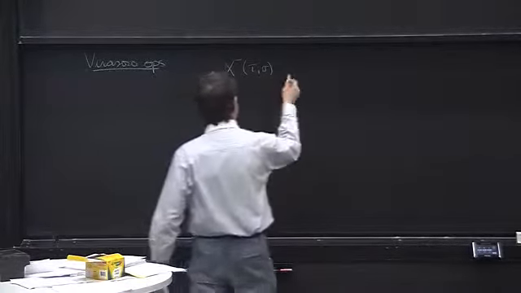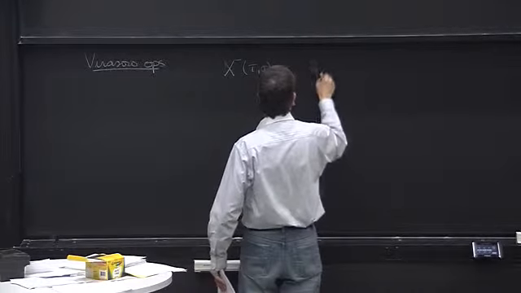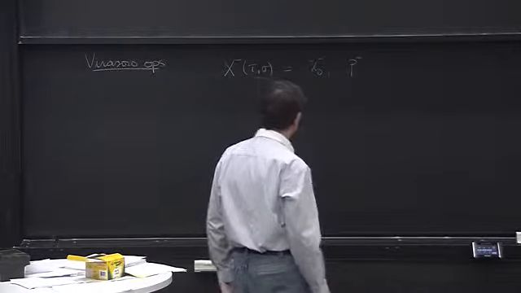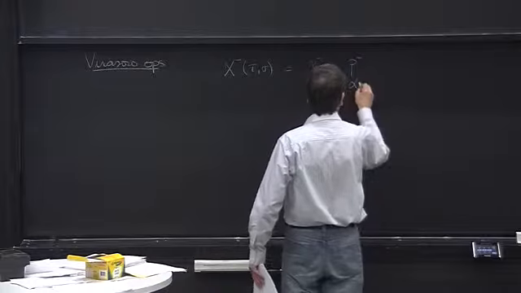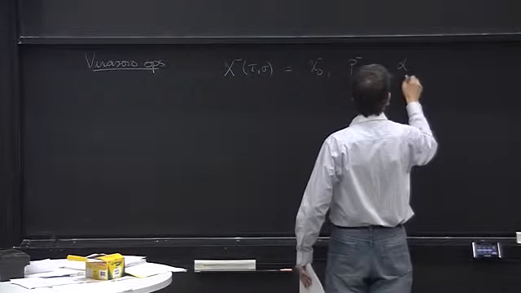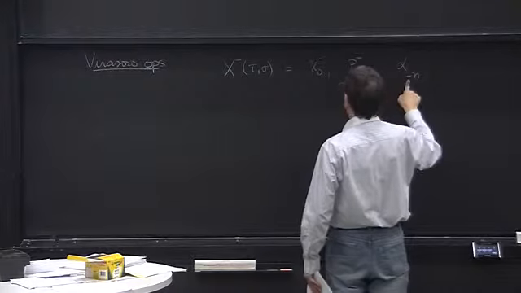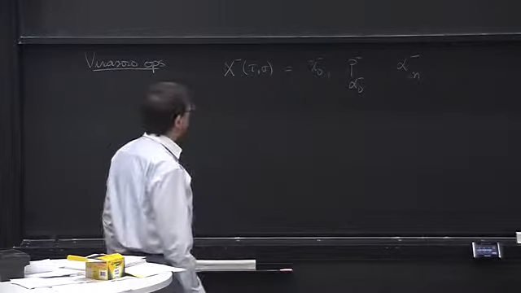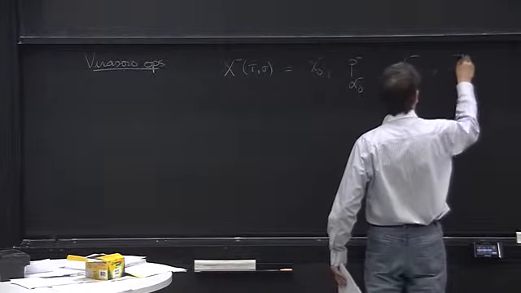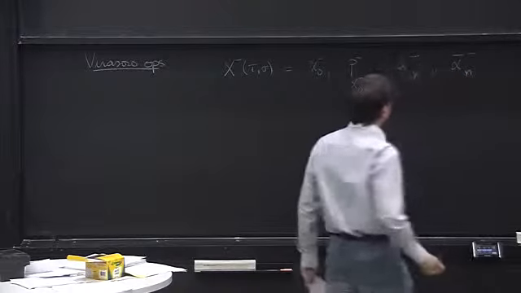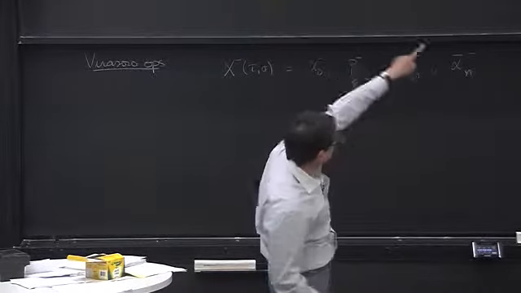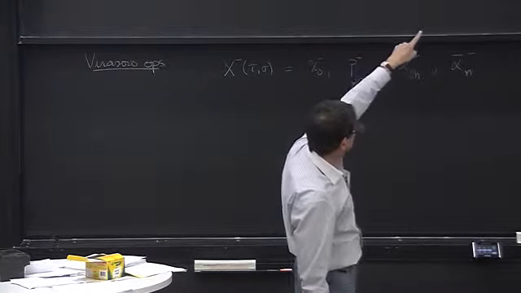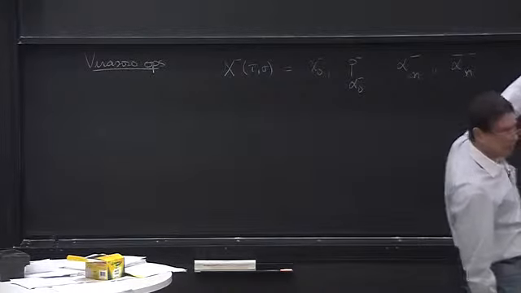This coordinate was supposed to be solved for, and it involves x0 minus a p minus, which is alpha 0 minus, and alpha n minus, and all these oscillators of the minus coordinate, and then you'll have the alpha bar n minus. Just like any coordinate x of tau and sigma, if you put for mu minus, you need an alpha 0 minus, an alpha n minus, and an alpha bar n minus.